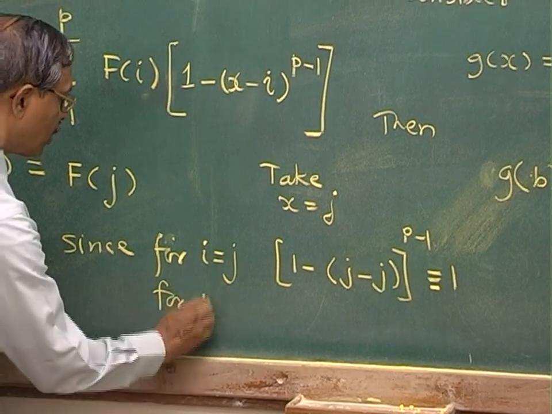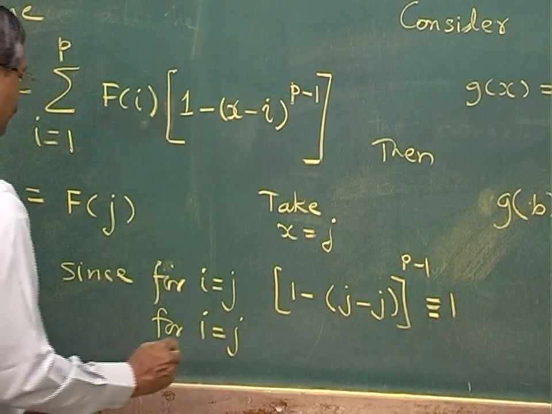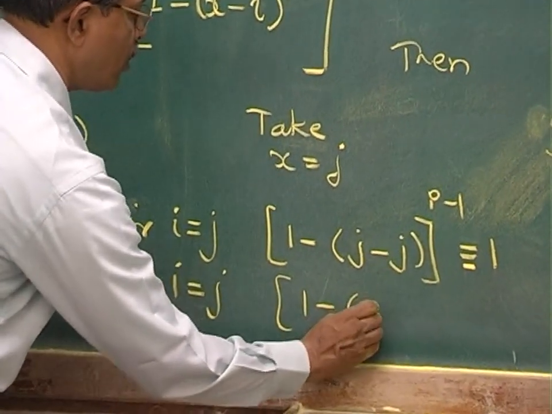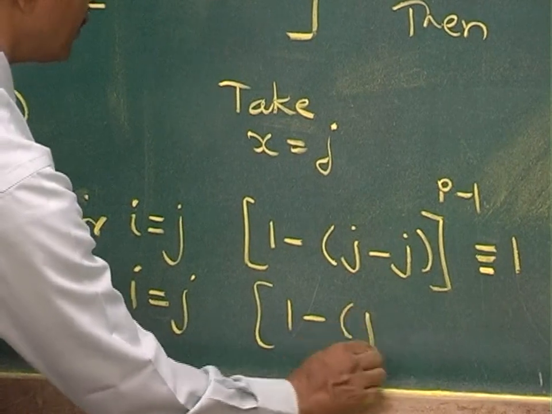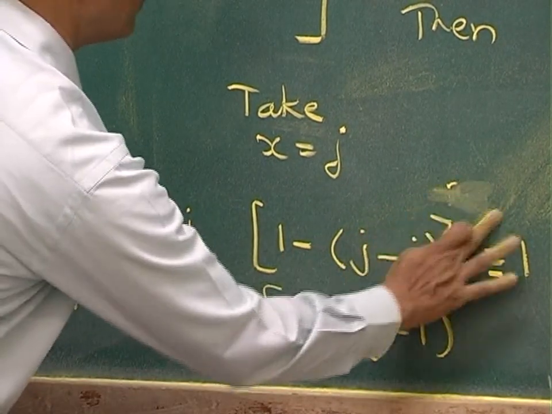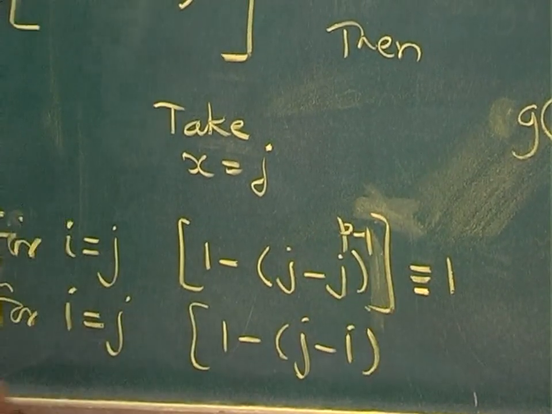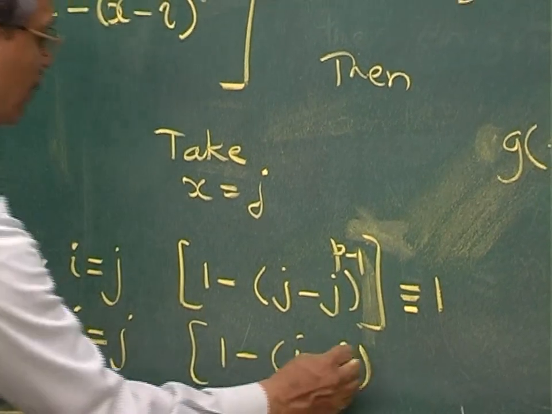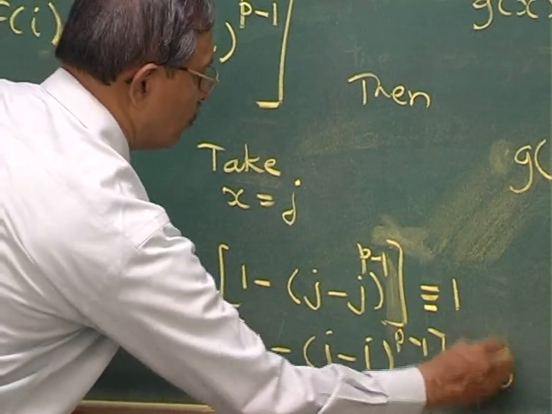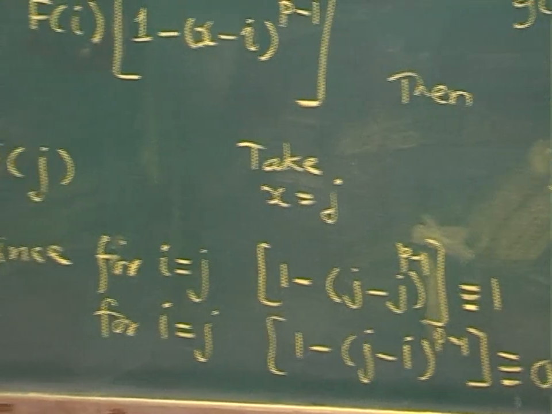For i not equal to j, 1 minus (j minus i) raised to p minus 1 is inside, sorry, p minus 1 is the exponent. So raised to p minus 1, this is congruent to 0 mod p. So one term survives and small f(j) equals capital F(j).